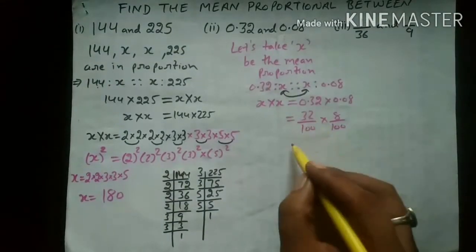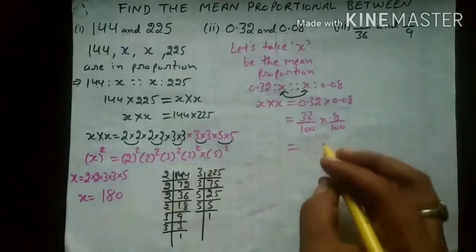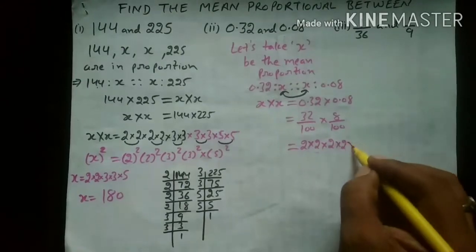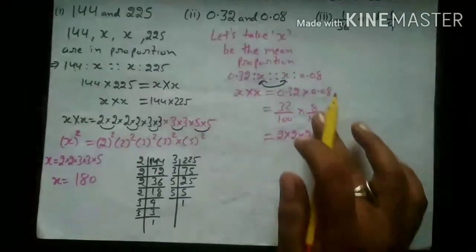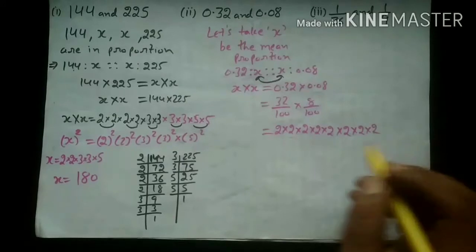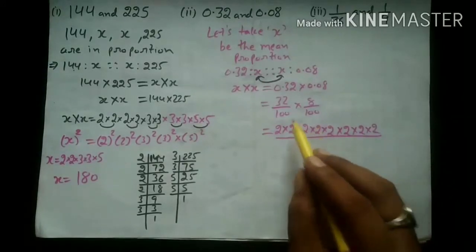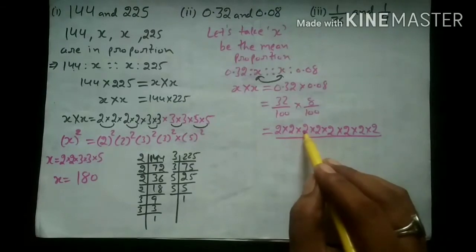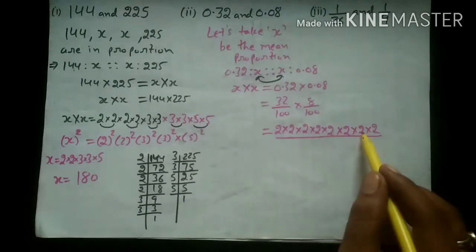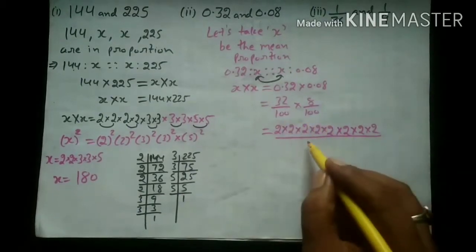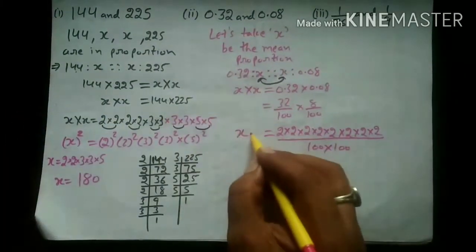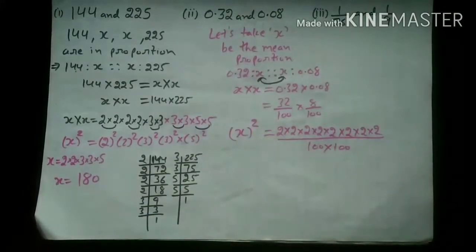Here you will see 32 can be written as 2 multiply 2 multiply 2 multiply 2 multiply 2, okay, and 8 can be written as 2 multiply 2 multiply 2, because 2 multiply 2 is 4, 4 multiply 2 is 8, 8 multiply 2 is 16, 16 multiply 2 is 32, and for 8, 2 multiply 2 is 4, 4 multiply 2 is 8. Now 100 multiply 100, this is a pair, so no need to break it further. I can write this pair as x power 2.